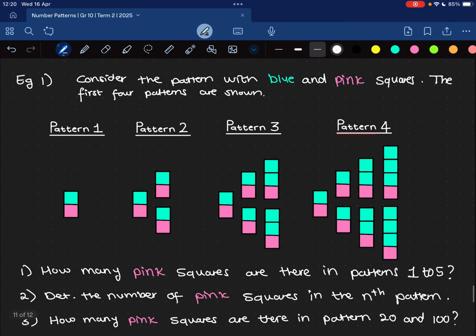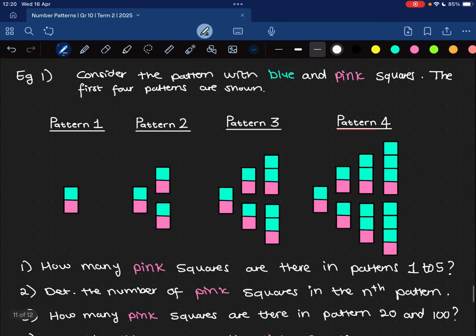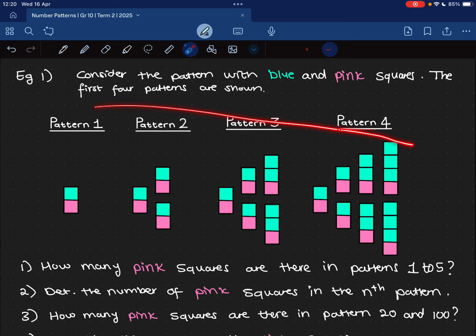So I recommend that you pause the video here and take down the whole question. We have example 1, which says consider the pattern with blue and pink squares. The first 4 patterns are shown. Then you can draw all 4 patterns. You don't have to use the same colors as I've used, but make sure that whatever you use matches.